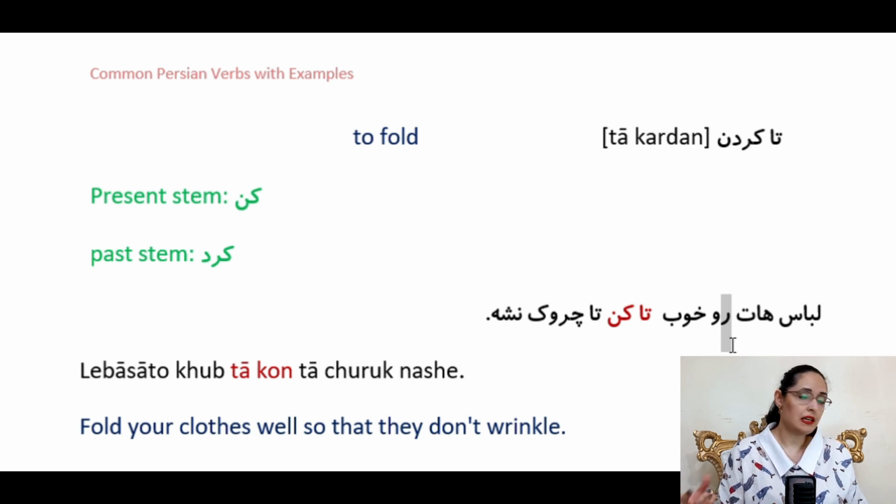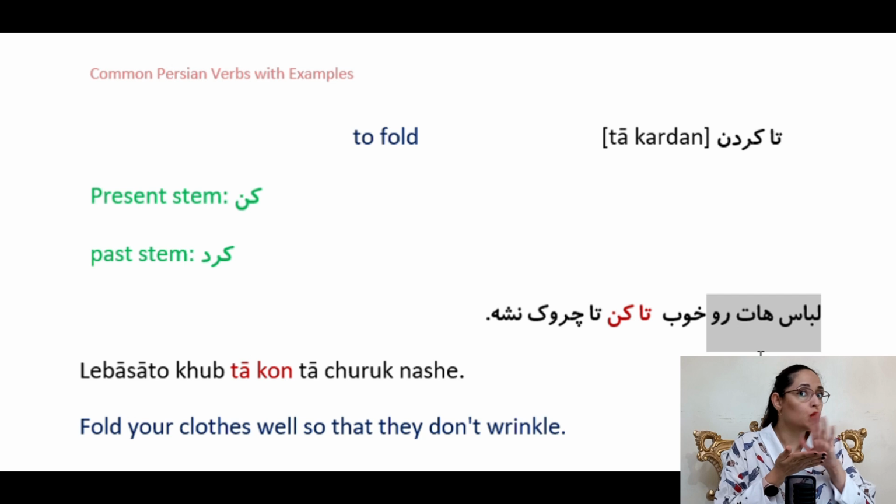And when it comes after a consonant, such as te here, we omit the re sound and we pronounce lebasato. So it will be لباساتو خوب تا کن تا چروک نشه.